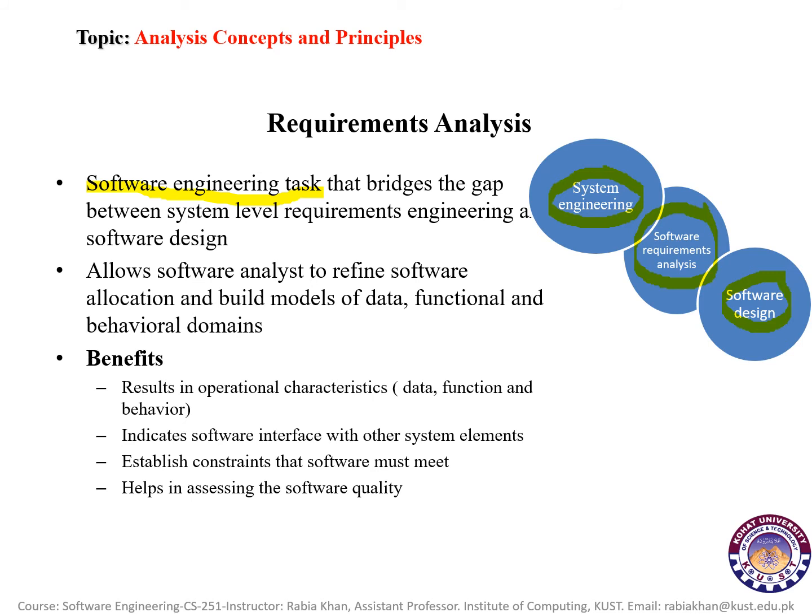The system level software engineering is the actual working product, the fully active working software, which is the end result, while the software design is the design either on computer or on paper.